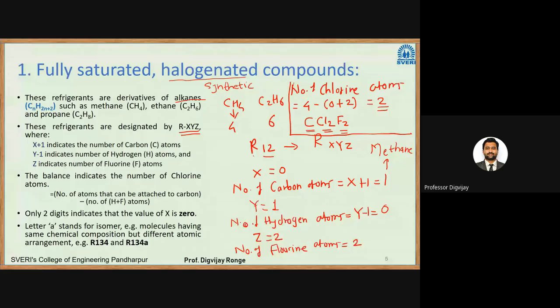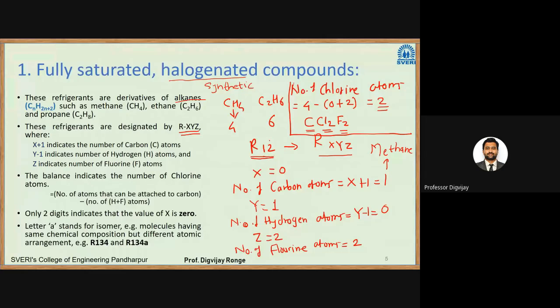I am having one refrigerant which is R12. Okay, so we know the general formula here is RXYZ, in which X plus 1 indicates the number of carbon atoms, Y minus 1 indicates hydrogen atoms, and Z indicates the number of fluorine atoms. If there are only two numbers here, that means X is equal to 0.